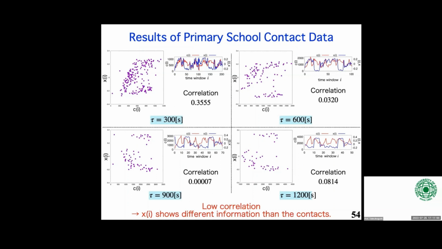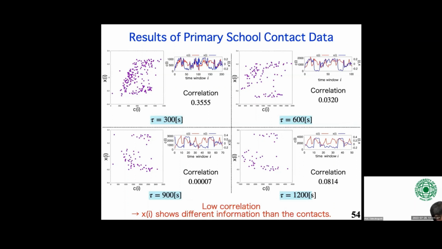Which means that we can obtain very different information in the case of applying CMDS. The time series obtained from CMDS can capture different characteristics of the network that cannot be seen from the number of contacts.